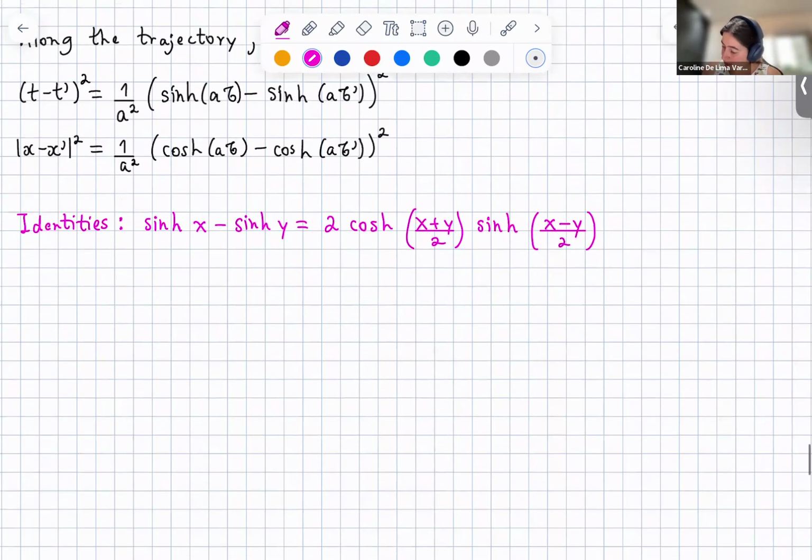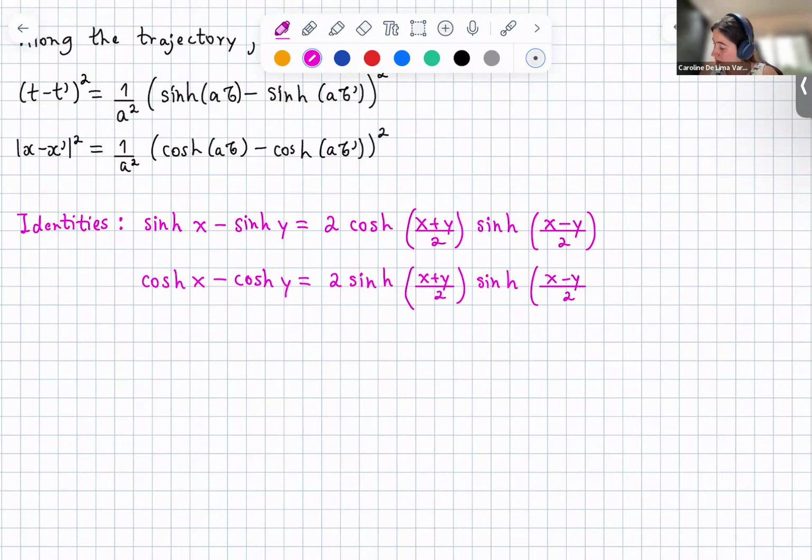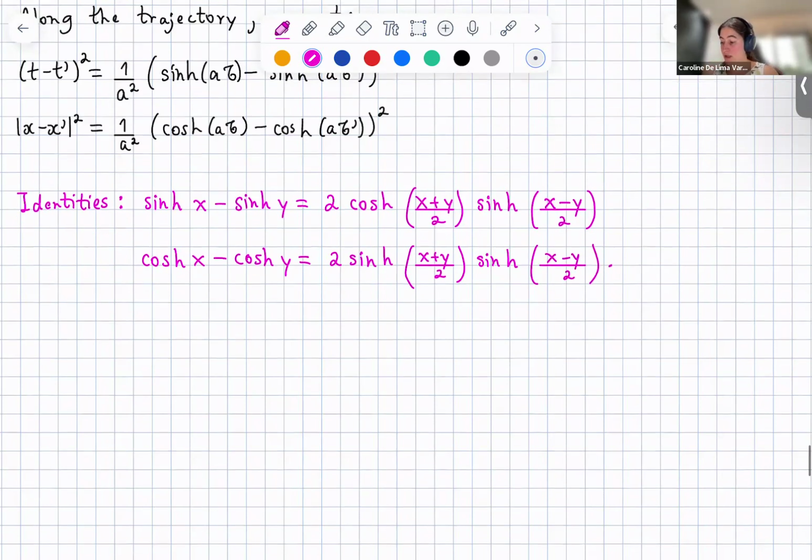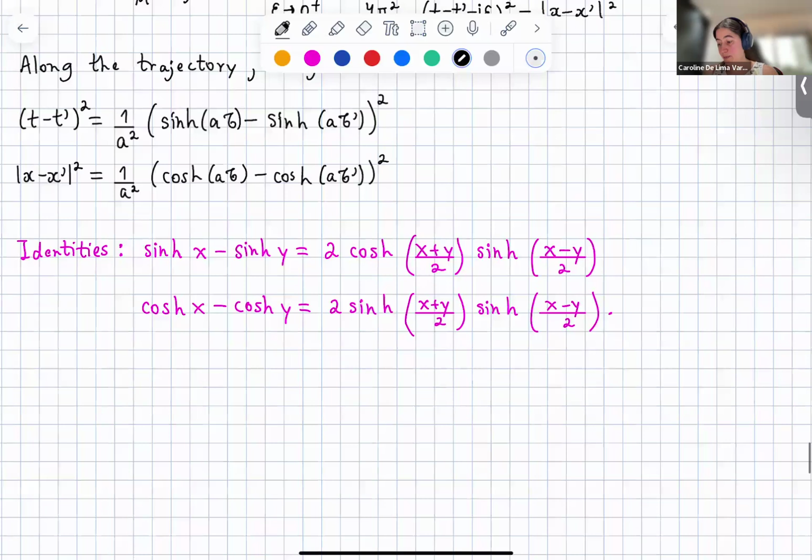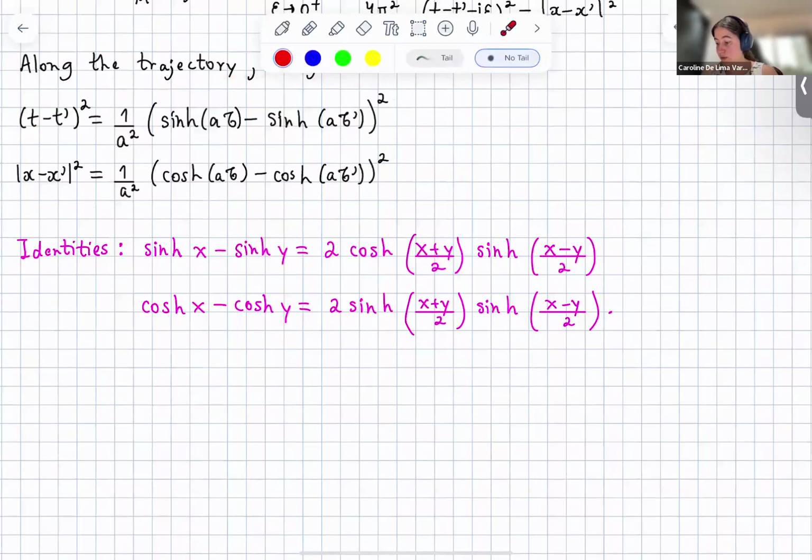For the other one, hyperbolic cosine of x minus hyperbolic cosine of y gives you 2 sinh of the sum times sinh of the difference.